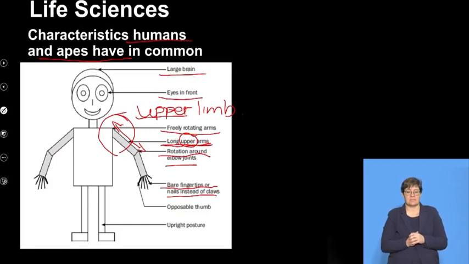The next thing on our upper limb is our opposable thumb. Opposable means that, if you have a look at your hand, your fingers face in one direction and your thumb in a different direction, so it works opposite to your fingers. We don't have a thumb that works in the same direction, or the fifth digit placed next to your other fingers.